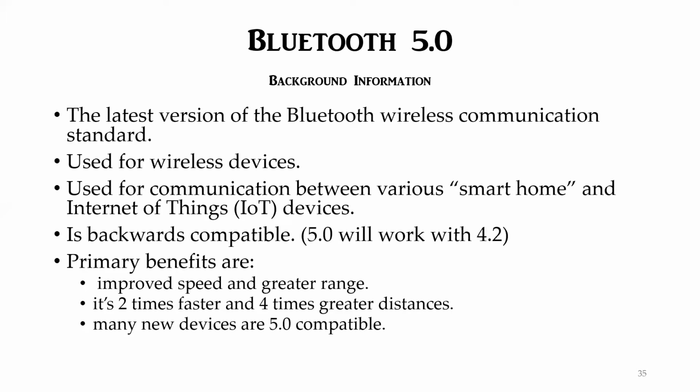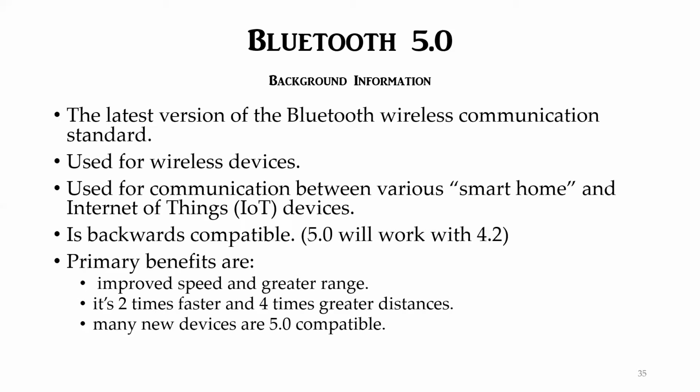So you might check if you've gotten a device recently, whether it's Bluetooth 5 or 4.2. And so the greater distances and the faster times are available. If, in fact, you have Bluetooth 5 capabilities, then you're going to see a change.